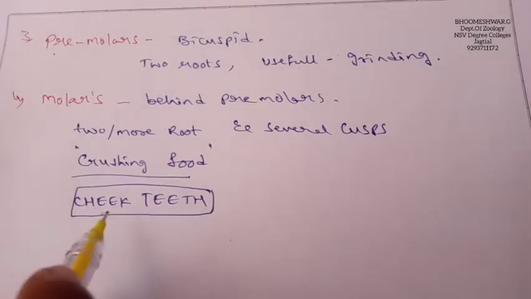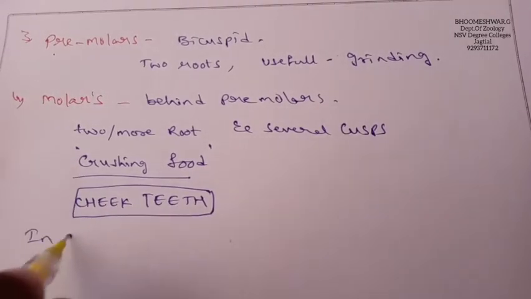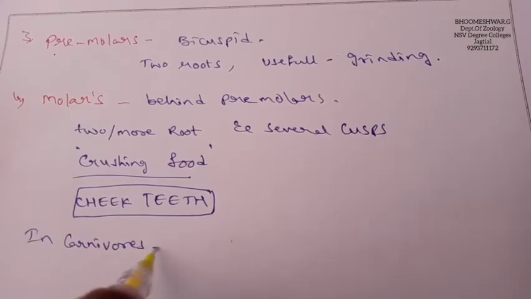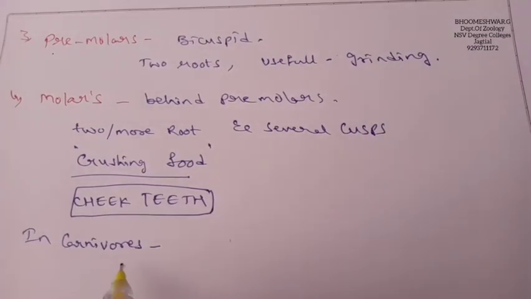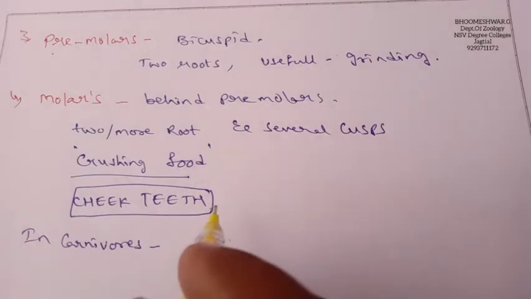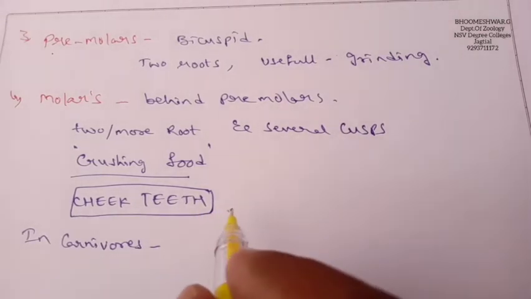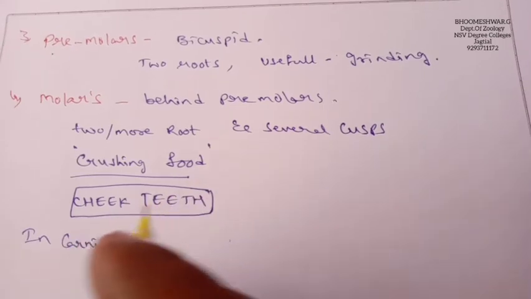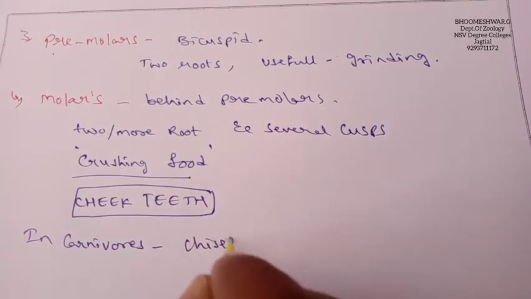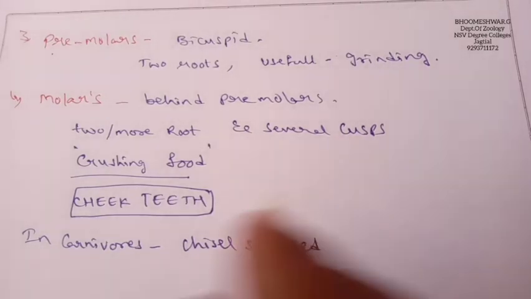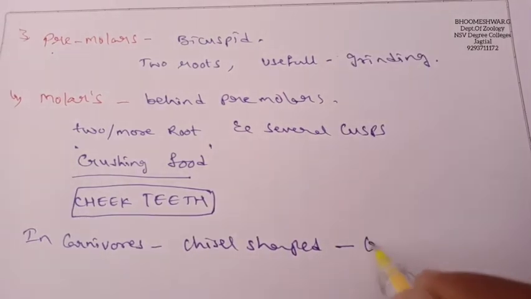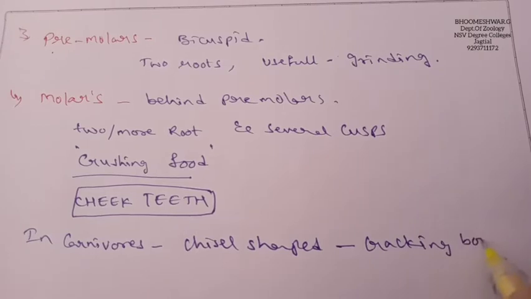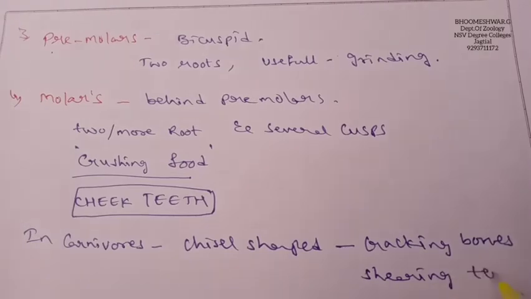So the cheek teeth are nothing but premolars and molars. In carnivora, which are animals that feed especially on flesh or meat, the number of cheek teeth is often reduced in some cases, and they are chisel shaped and useful mainly for cracking the bones and shearing the tendons.